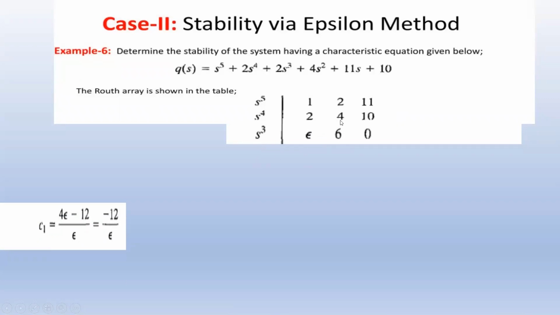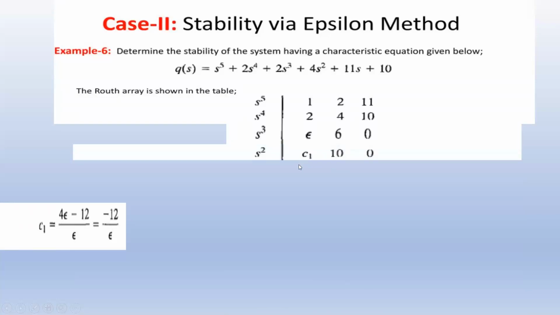4 into epsilon will be 4 epsilon, minus 6 into 2, that will be 12. So 4 epsilon minus 12 by epsilon, the coefficient will be minus 12 by epsilon over here. That would be 4 minus 12 by epsilon, this coefficient. And if we find this coefficient over here, 10 into epsilon would be 10 epsilon, minus 0 by epsilon, that would be 10 over here.